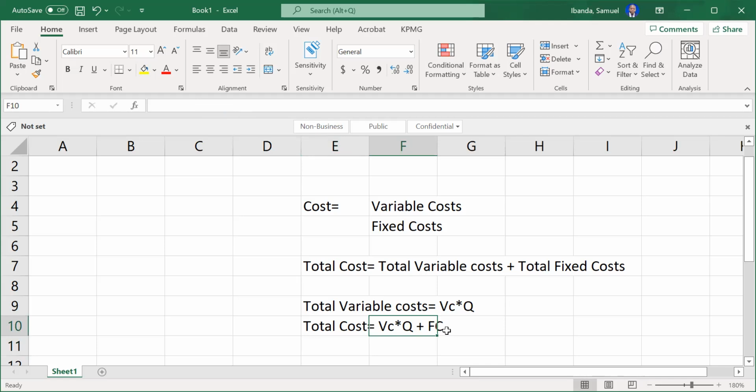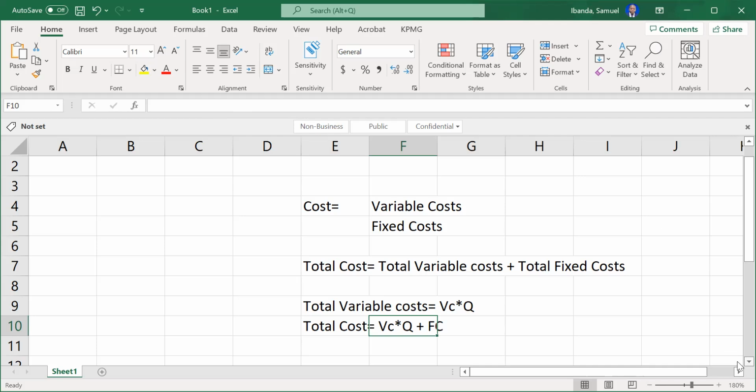For example, if you're producing water and a bottle of water costs us maybe 900 shillings to produce, to determine how much a carton of water costs us in variable cost, we shall get the 900 times the number of units in a carton. That is how we come to this.